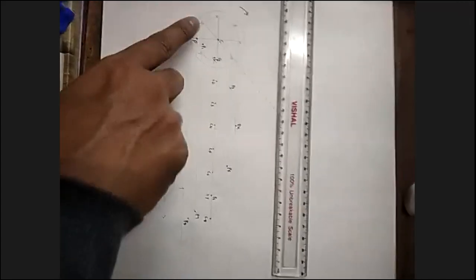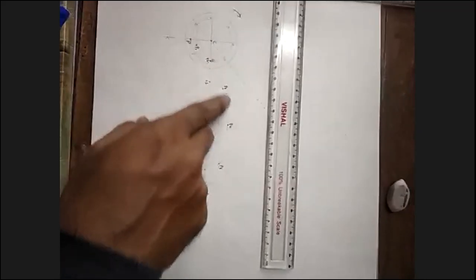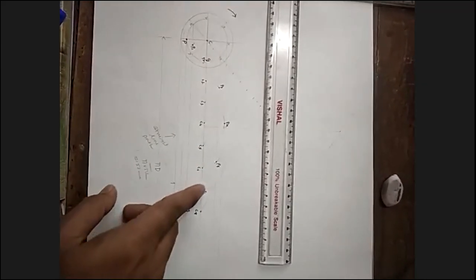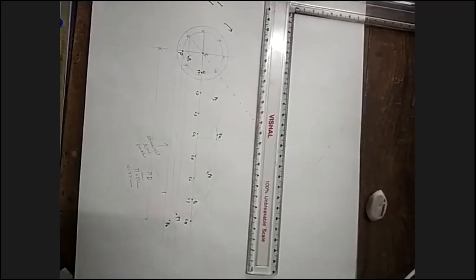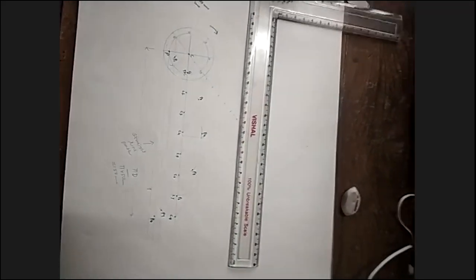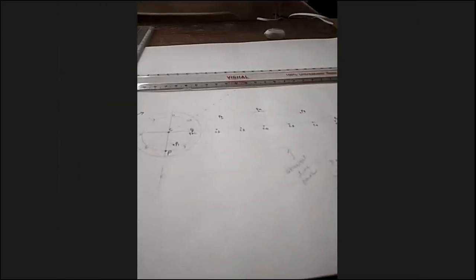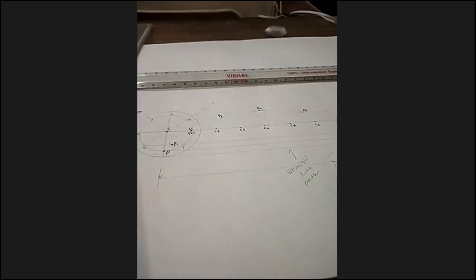Visible? These points visible to everyone? Now we will join them by a smooth curve.